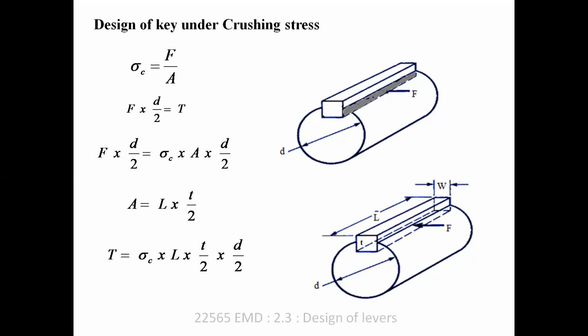You remember this equation also. This is the equation for design of key under crushing stress. Crushing stress equation and shear stress equation are the two equations by which we can design our key. So this completes our design of key.